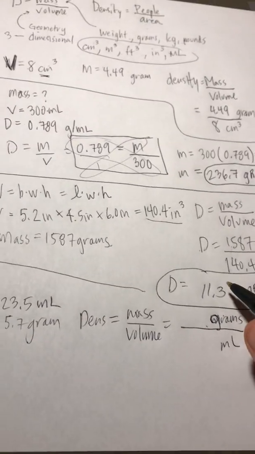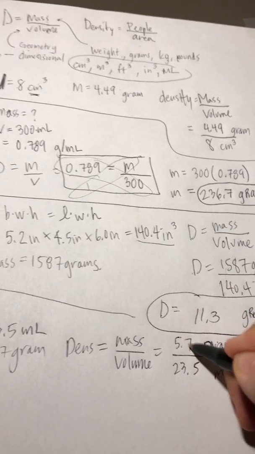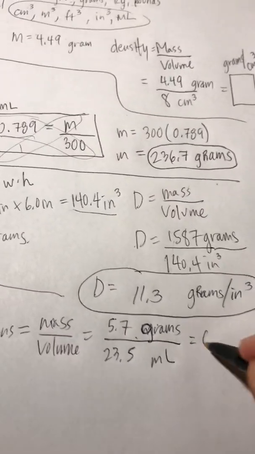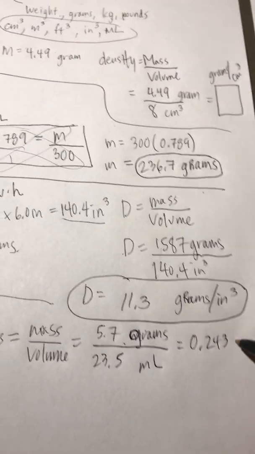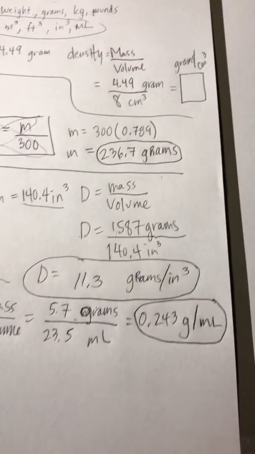So here I'm doing that in milliliters. Okay, so I have 23.5 milliliters and I have 5.7 grams. So my density ends up being 0.243 grams per milliliter. Okay, I'm feeling very sciencey with this lesson.